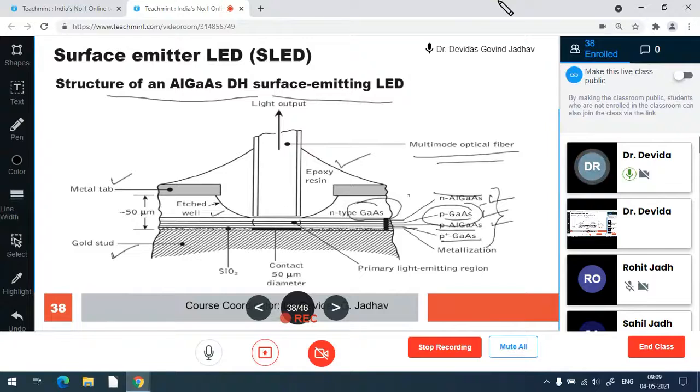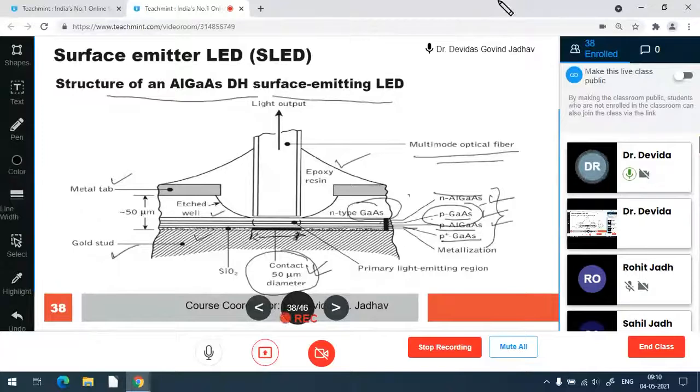So the active layer P GaAs is very thin, and out of this thin area, the contact diameter is only a 50 micrometer disc. This is shown here, the contact area. So this much is the contact area.